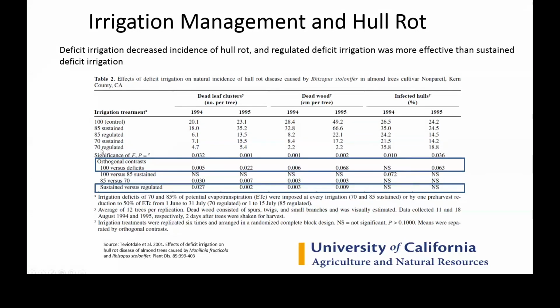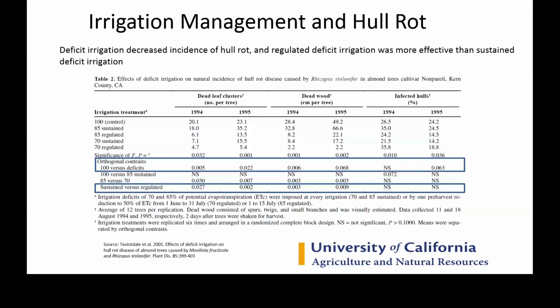However, when they used the regulated deficit irrigation, whether it's at 70% or 85%, it significantly reduced it from 20 to 6 and 5 respectively. So that work actually set the steps for how we can manage the hull rot.